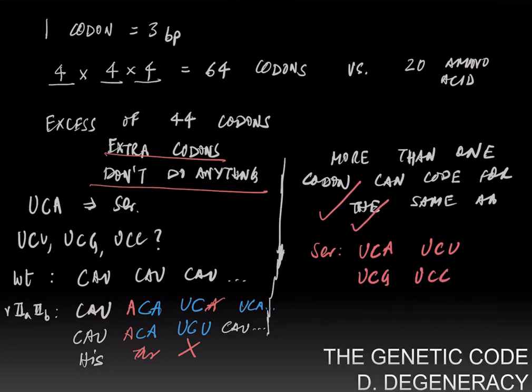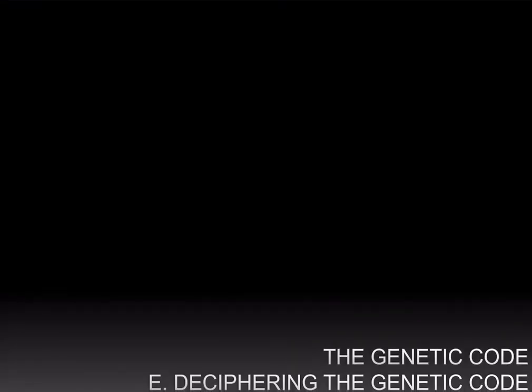Next, let's discuss how the genetic code was deciphered or cracked. In order to do this, scientists synthesized RNA molecules with a repeating pattern.